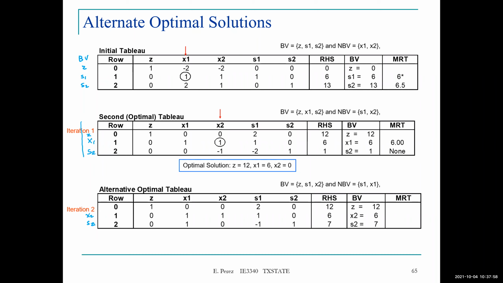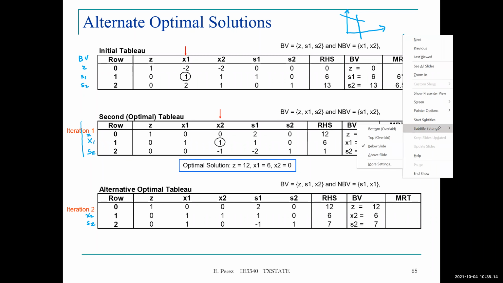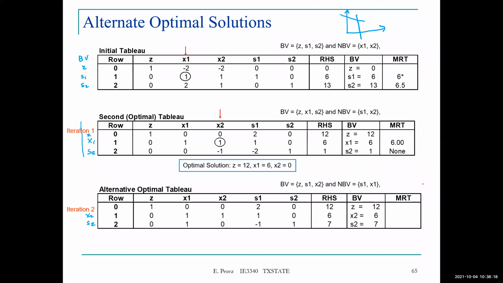If you remember when we were doing the graphical method, you have a feasible region like this, and we were doing the isocost. When we move the isocost in this direction, it was going to overlap this.